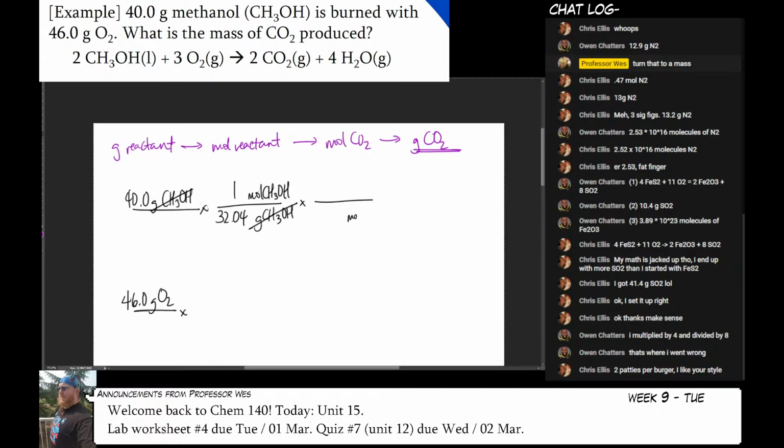Then we'll turn moles of methanol into moles of carbon dioxide. And according to our balanced chemical equation, which I scrolled off my screen here, for every... Oh, I gotta cancel this first. For every 2 methanol I put in, I get 2 CO2 out.